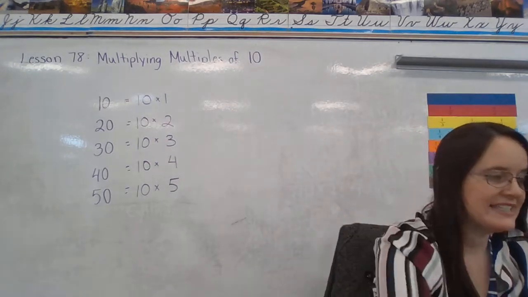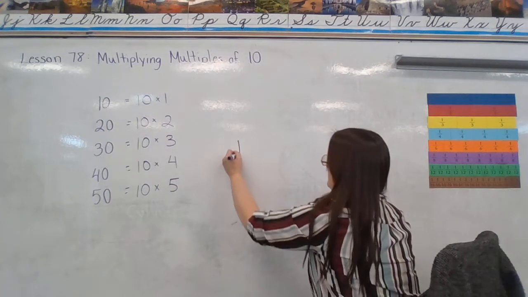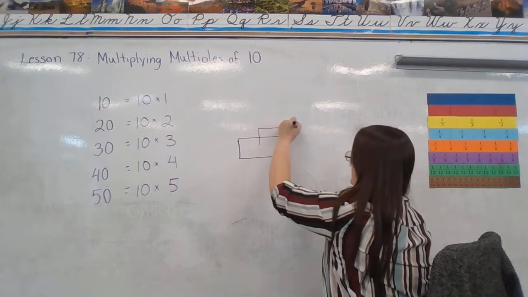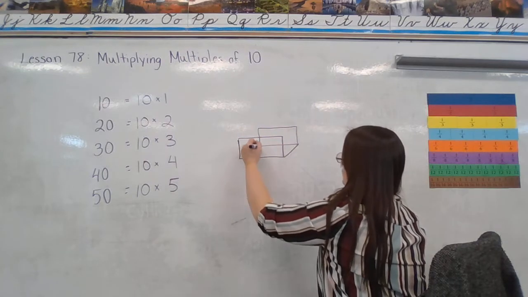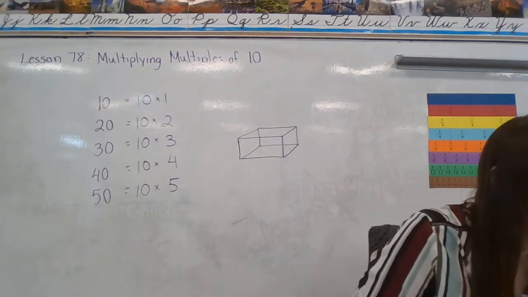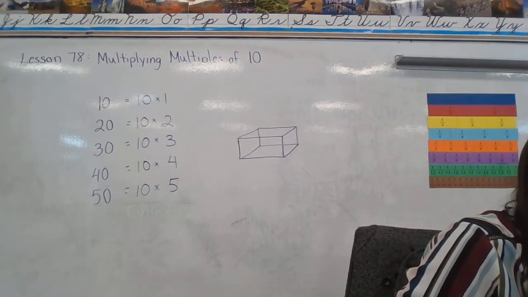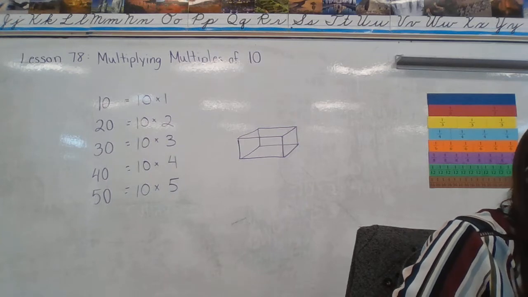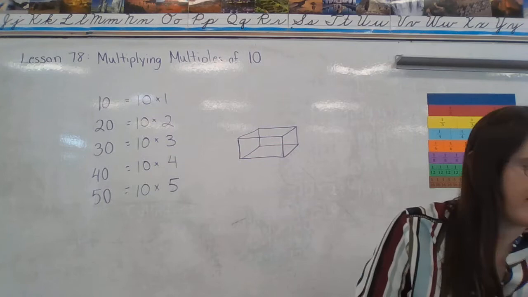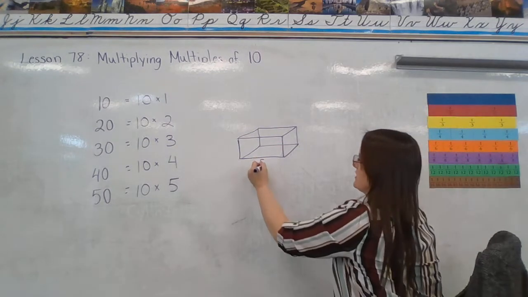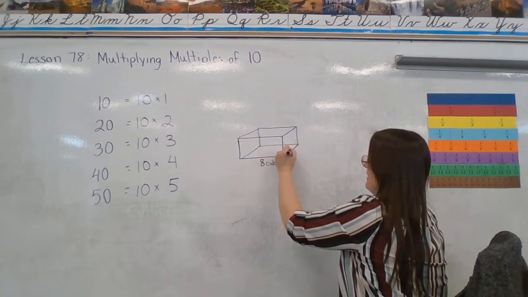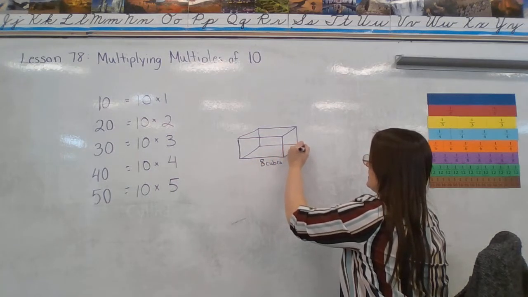All right, the next example is another volume problem. So we have a big rectangular prism here. And it tells us there are 40 cubes in each layer of this figure. So it's actually 8 cubes by 5 cubes.